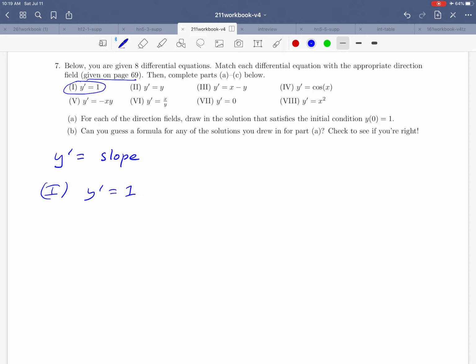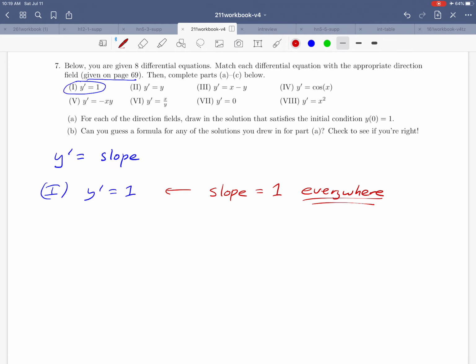What that's really saying, if we put it into words, is that we're looking for a slope field where the slope, that's the y prime on the left-hand side, is equal to 1 everywhere in the entire field. So to find a match for this formula, we're looking for a slope field where the slope everywhere in the field is the same and it's always positive 1.